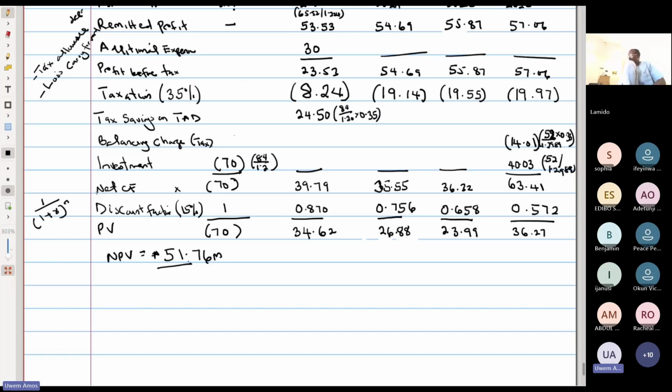36 minus 70 plus... just trying to quickly understand why my calculator is giving me completely different values.